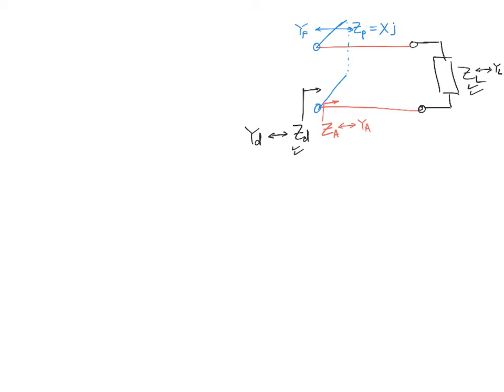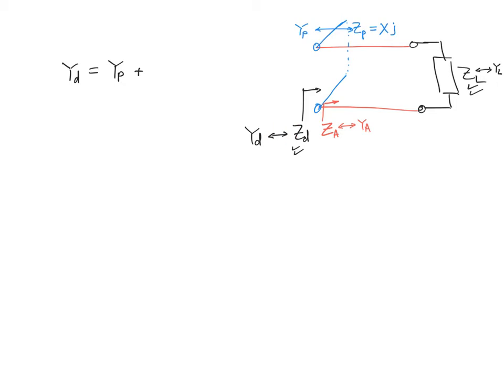So the equations that we can write in terms of those admittances is that the desired admittance YD is equal to the parallel admittance YP plus the admittance that we see from here, the one that we see from this point. So this and ZP, they get connected in parallel to give us ZD, right?